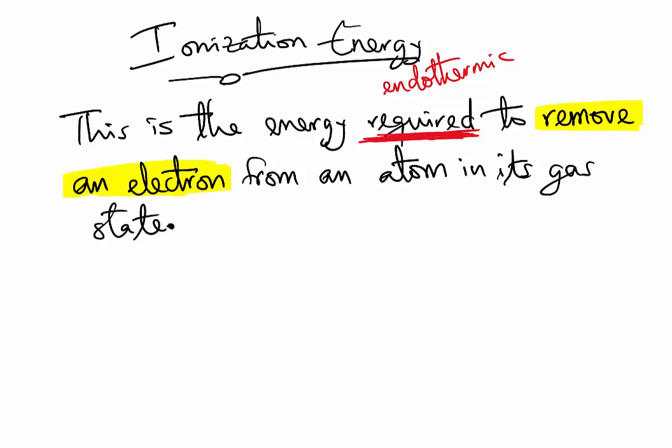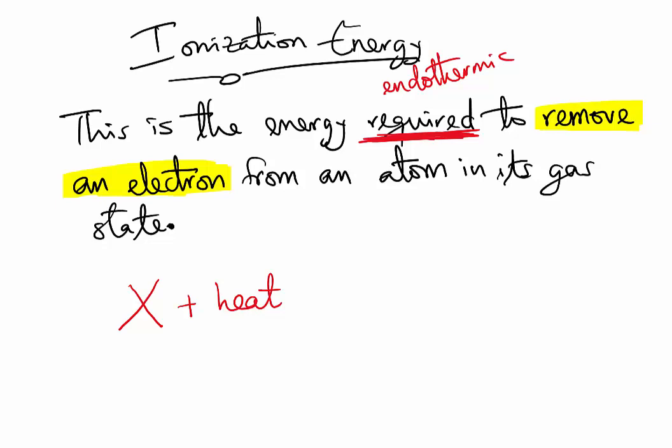Let us try to represent this definition as an equation. Let me write a generic element X, and we are adding energy to that element X because it's an endothermic process.